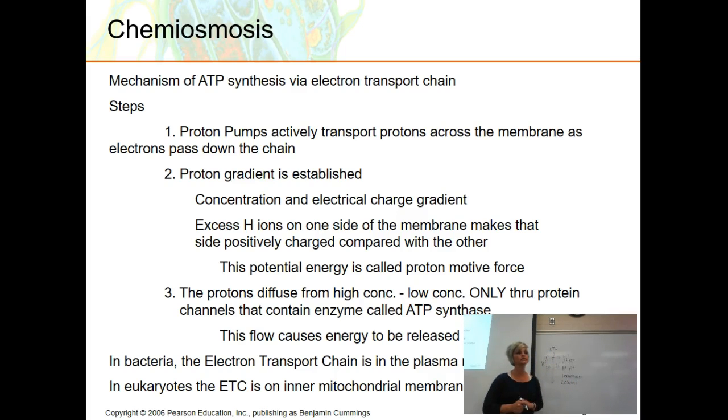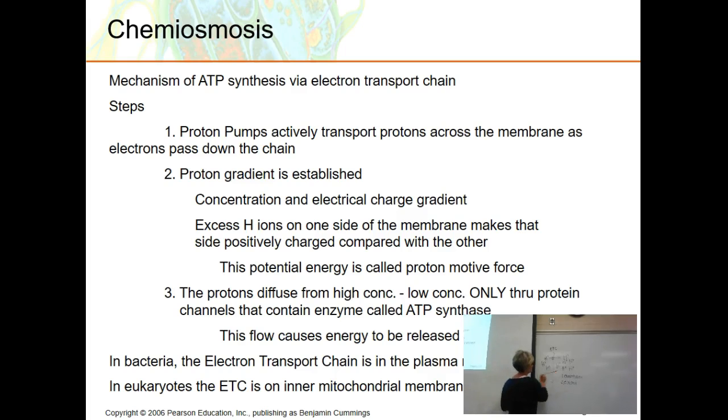Concentration gradient, because now I have more on this side than the other side. An electrical gradient, because each time I pump across a hydrogen, that carries with it a positive charge. So this side starts to become more positive than that side.